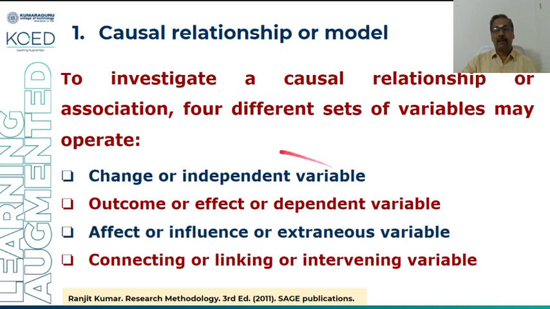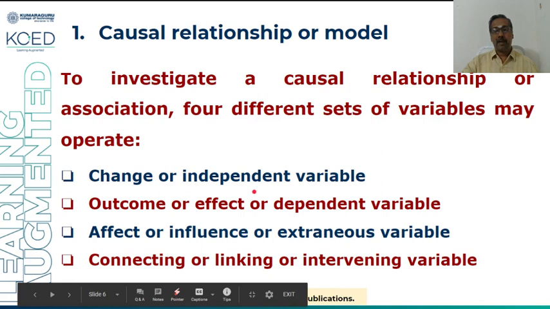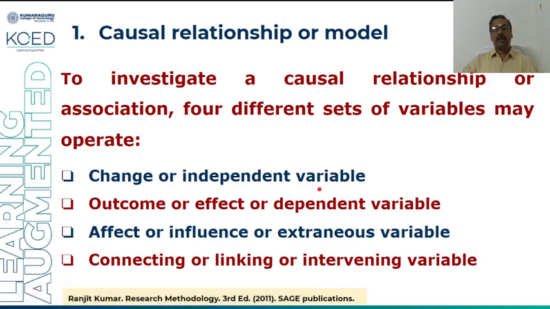So these four different types of variables, namely independent variable, dependent variable, extraneous variable, and intervening variable, all play a major role in explaining a model termed a causal model or a causal relationship. So I will be explaining them one by one, and you will be observing each and every type.